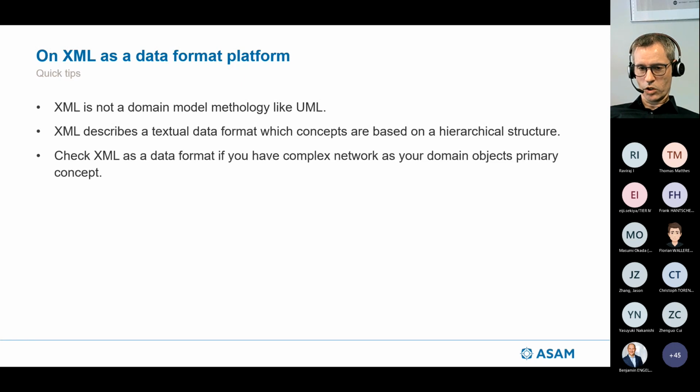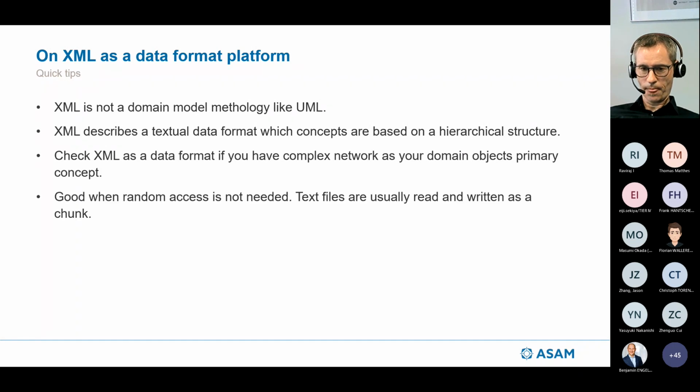Which means that whenever we have complex networks as our domain objects, so when our domain objects primarily form a network, we have to check whether XML is the right format to describe it. The same is true when we need random access. XML is very good when we do not need random access.